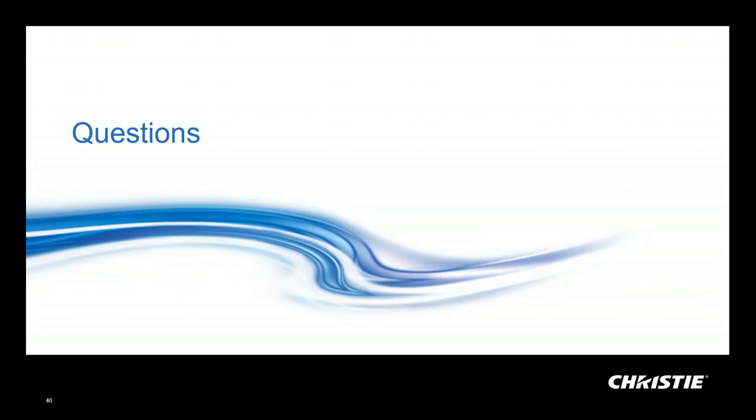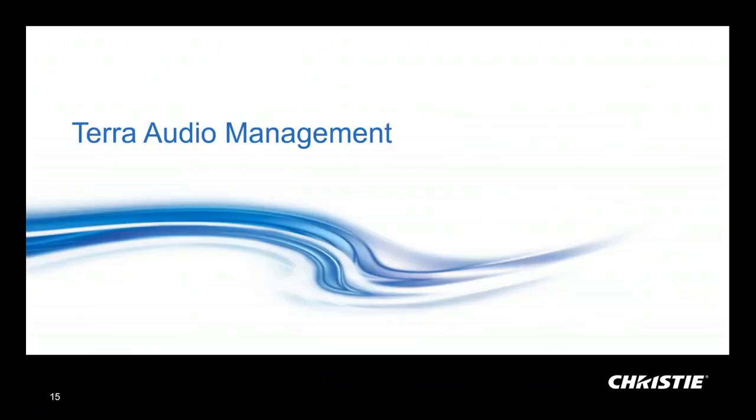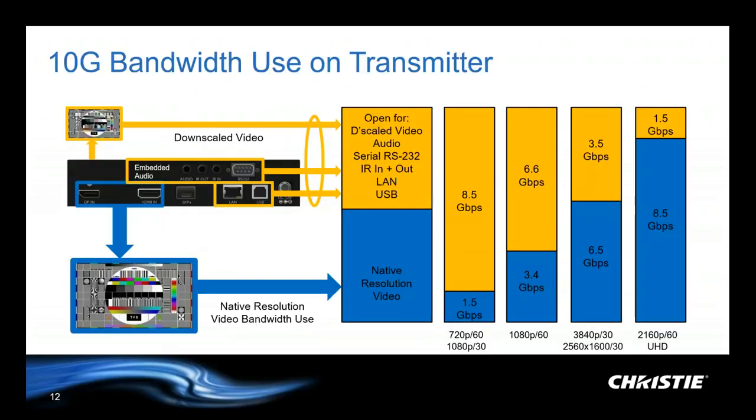Like I explained, and maybe we can go back to the slide. If there are a lot of questions, maybe we can go back to the slide that concerns multi-viewer. This is on the transmitter side. What you really need to remember is that the higher the resolution the input is on the TX, the less bandwidth you have for stream 1.